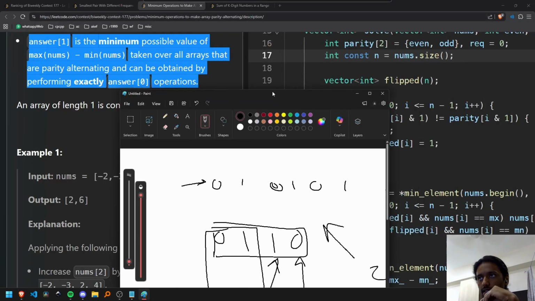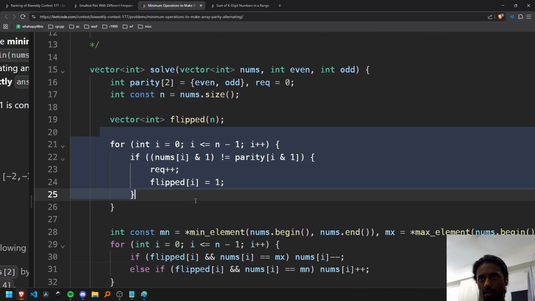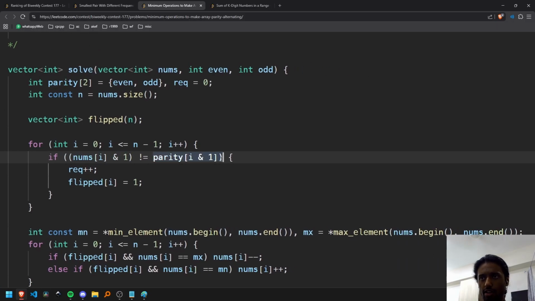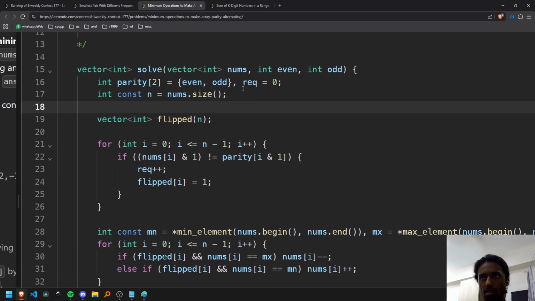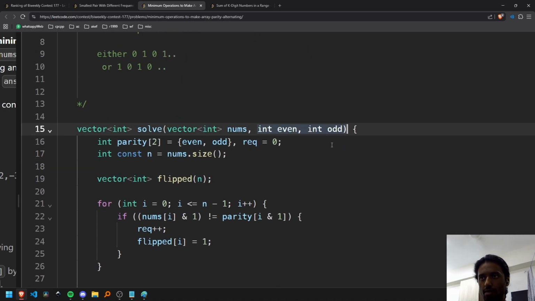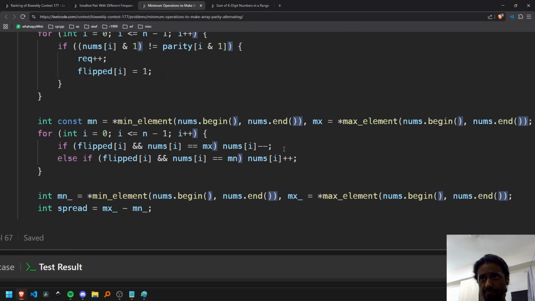For this, you can iterate over all i. This is for checking the parity, and this is for checking what my desired parity was. Basically, how I wrote this function is, it takes the input array and some even and odd, which tells the arrangement. So this is the 0 1 arrangement, and this is the 1 0 arrangement.